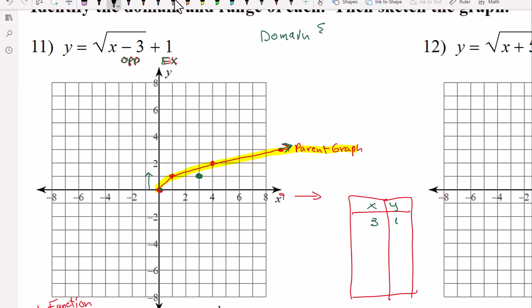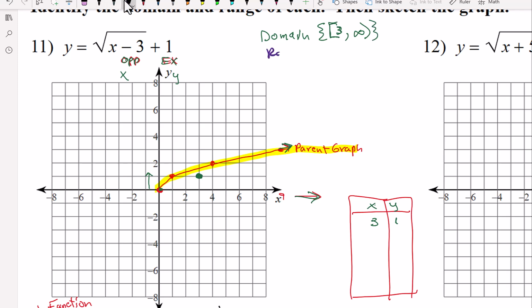One thing that's really easy: look at the x value, and the opposite of negative 3 is 3. It's going to be a solid dot touching, so we put the square bracket, and since it's headed to the right, the domain goes on.